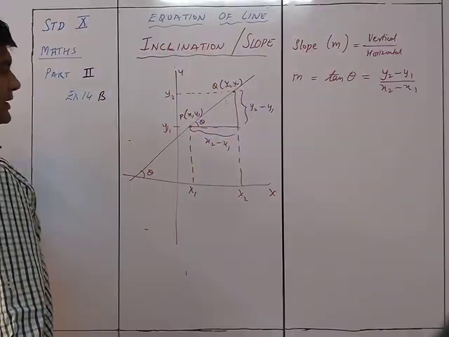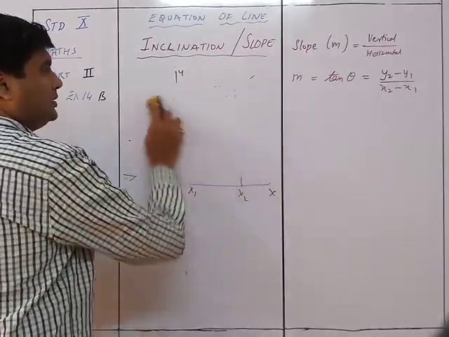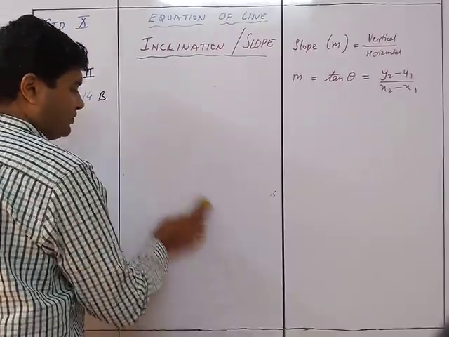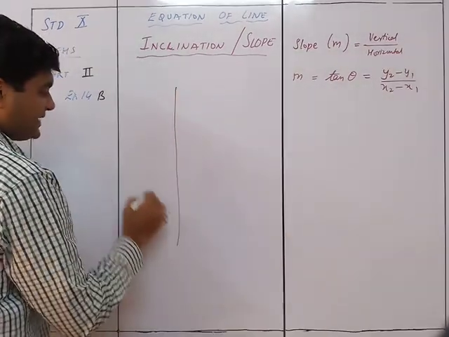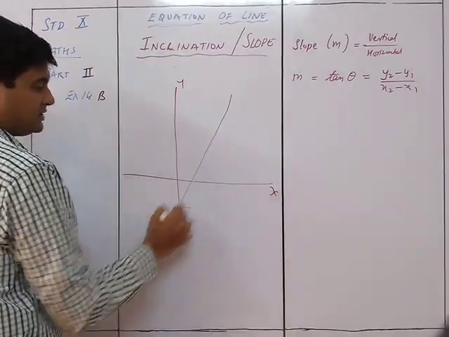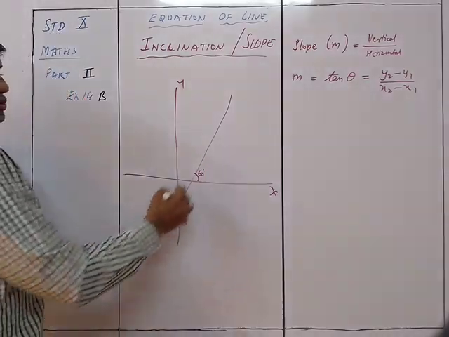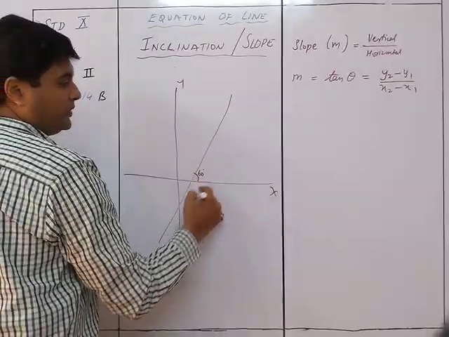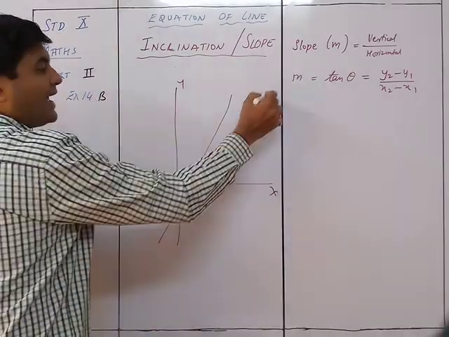Now let's take it one by one. Suppose this is the x-axis and this is the y-axis, and I have a line like this at an angle of 60 degrees, so this slope will be equal to tan 60. And there is another line parallel to it.